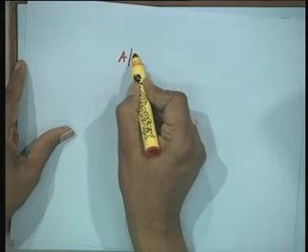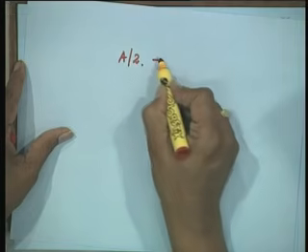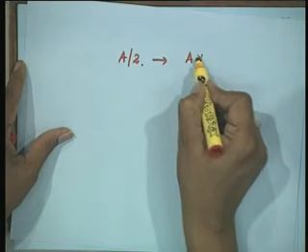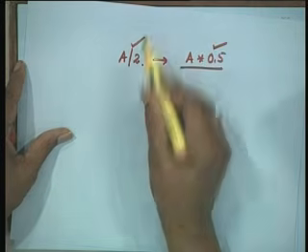In our days, we were told division takes more time than multiplication. I don't know whether things have changed, because we were taught computers in the 60s. At that time we were told, you will correct me if there is any change, that if you have to write a divided by 2 dot to make it a real variable, it is better to write a into 0.5. This takes less time than this.